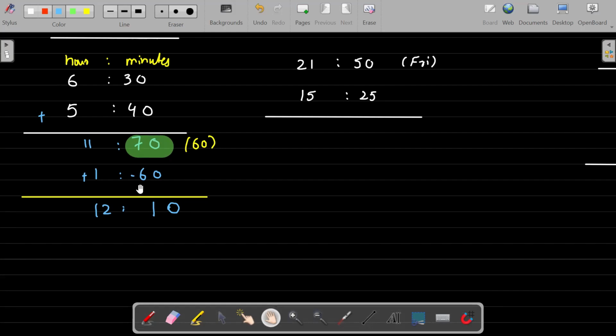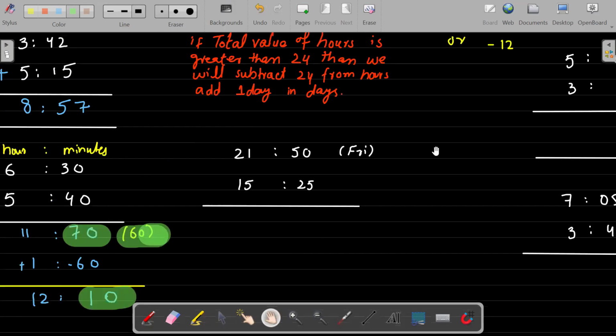In fact, if it is exactly 60, we still need to subtract 60 from it and add 1 in the hour section, because 1 hour is equal to 60 minutes. Our minutes should be less than 60, not equal to 60 and not greater than 60.